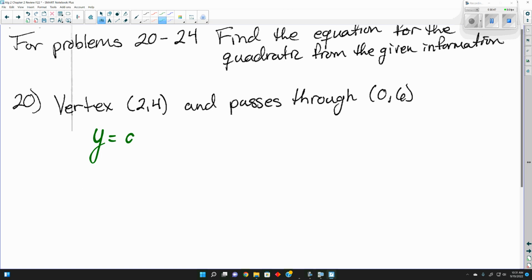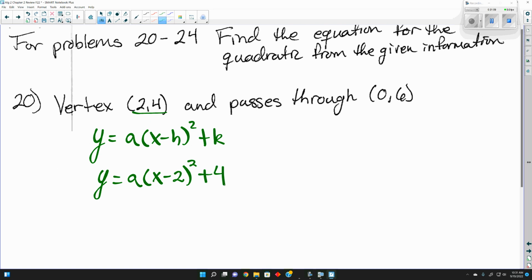Y is equal to a times x minus h squared plus k, because I did give you this form, because we've used it already once to find the vertex and axis of symmetry, yes? Now they told us what the vertex is, 2, 4. So I can plug that in. A times x minus 2 squared plus 4.